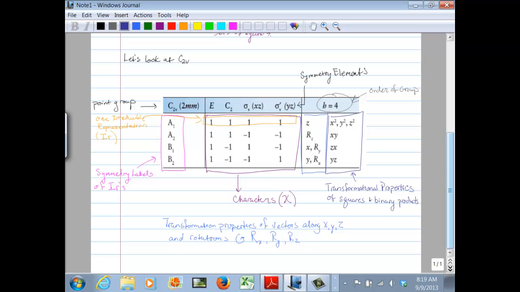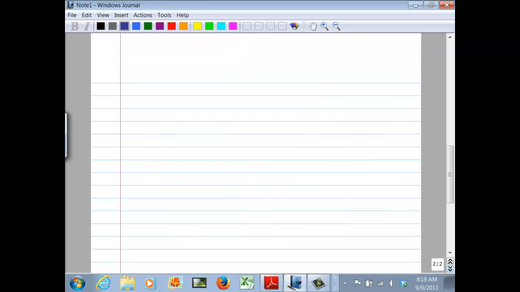Before we move on, I want to talk about the symmetry labels of the irreducible representations, these notations. They are rigorously labeled, so each row of the character table is rigorously labeled. Notice in C2v we have A and B groups. A and B just designate symmetry with respect to the highest order axis.